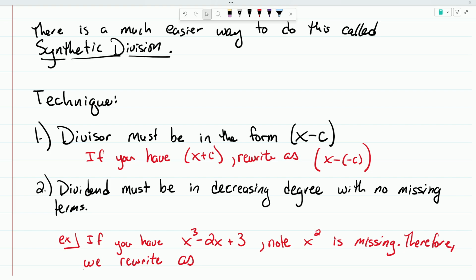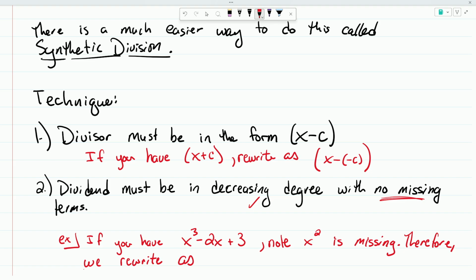The second thing, our dividend. Our dividend must be in decreasing degree with no missing terms. If we read in red, for example, if you have x to the third minus 2x plus 3, first, that is in descending degree, so I can put a little check mark. However, I'm totally missing terms.